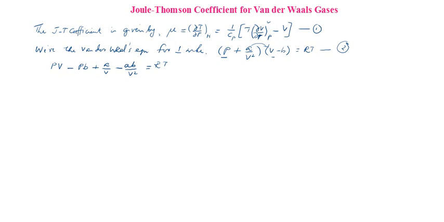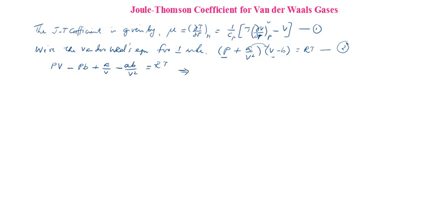So on simplification, this can be further simplified. This A and B, which are the van der Waals constants for the particular gas in question, are actually very small.